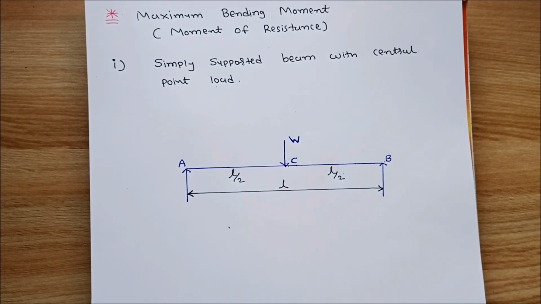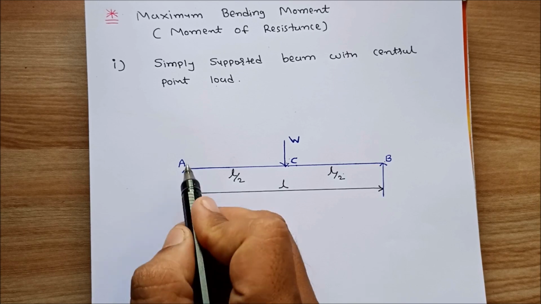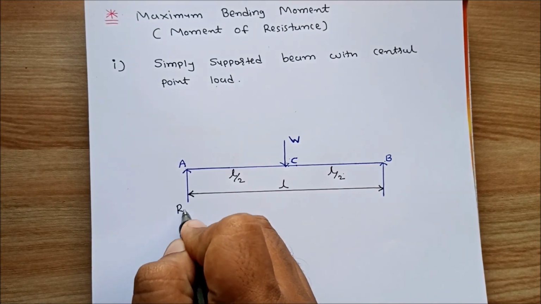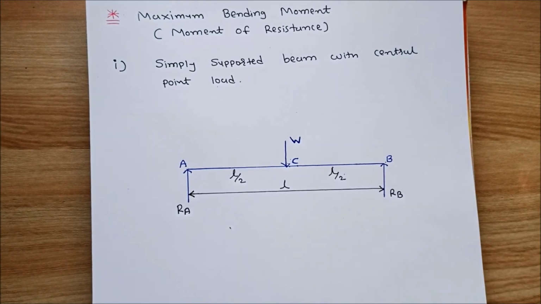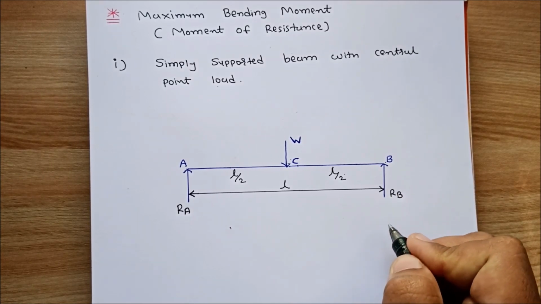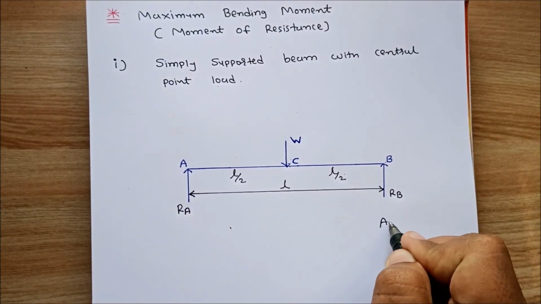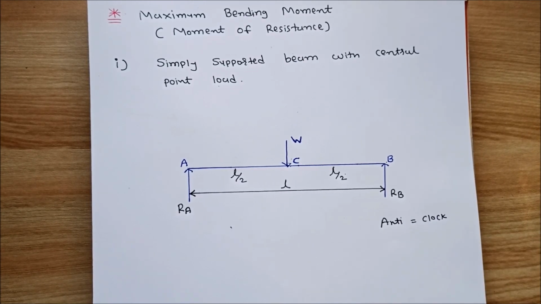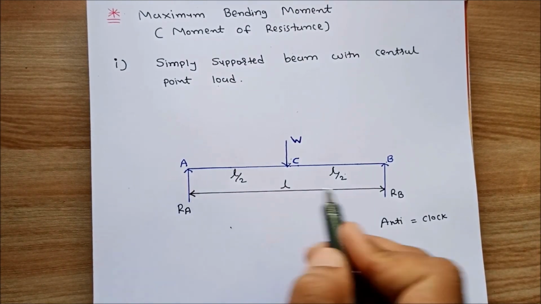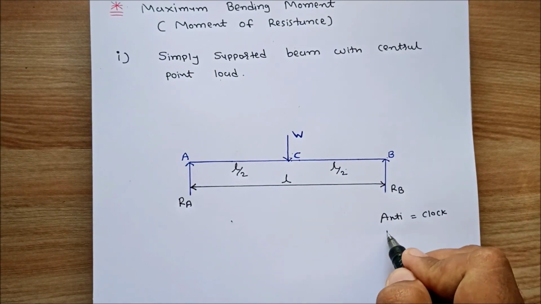So first we find reactions. Whenever there is a support, there is always a reaction. So here reaction at A is RA, and reaction at B is RB. For finding reactions, you assume equilibrium conditions: anti-clockwise moment is equal to clockwise moment, and second, the summation of upward forces is equal to the summation of downward forces.